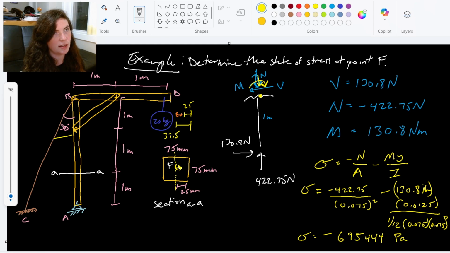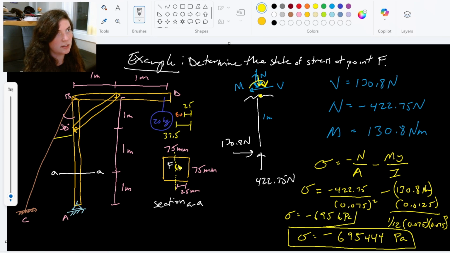Everything was in units of newtons per meter squared. Newton per meter squared is a pascal. You could write this in a simpler form. We could say negative 695 kilopascals. You want to round a little bit, simplify a little bit, but those are the same. So that's our normal stress, right? Negative because it's a compressive stress.